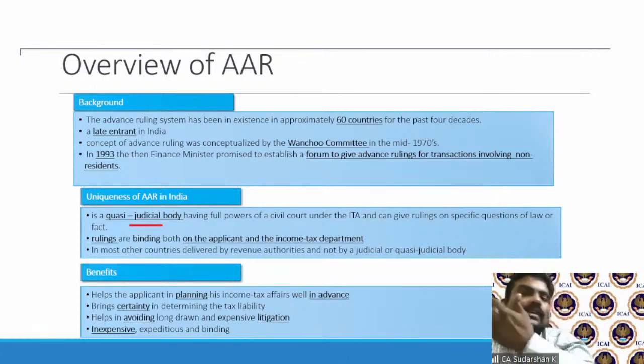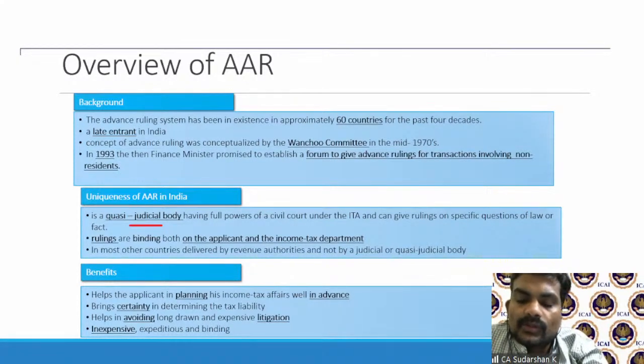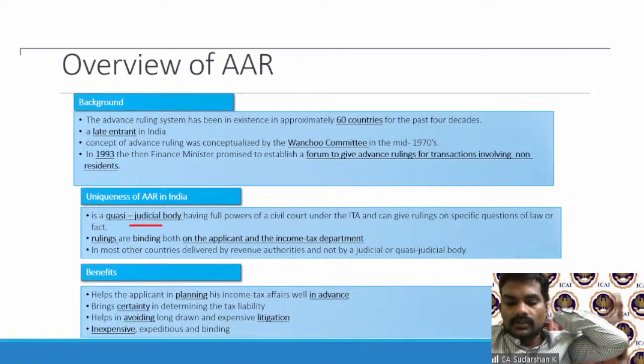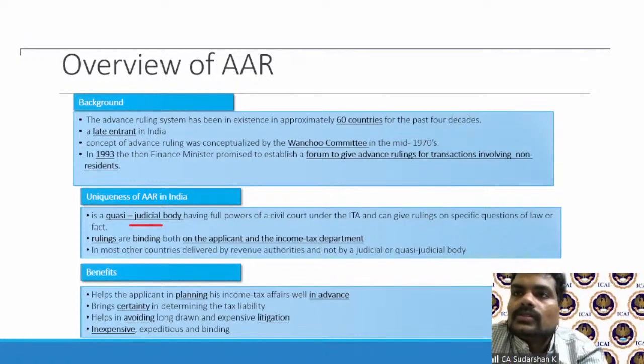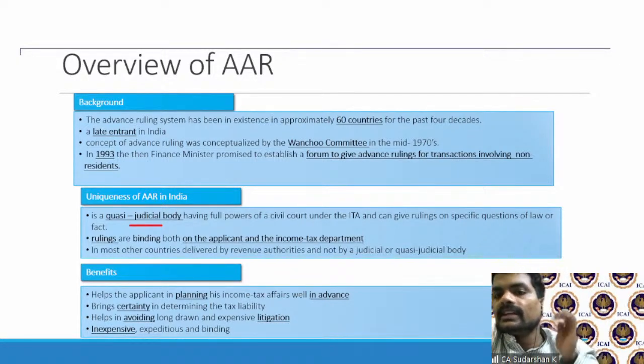These are all ex ante. I go with clarity, so that will give me a lot of clarity. Okay, fine. The advance ruling says you will be taxed at 10%. You will be taxed so and so. So very clear. I don't need to worry tomorrow about assessment, harassment, retrospective amendment, nothing.